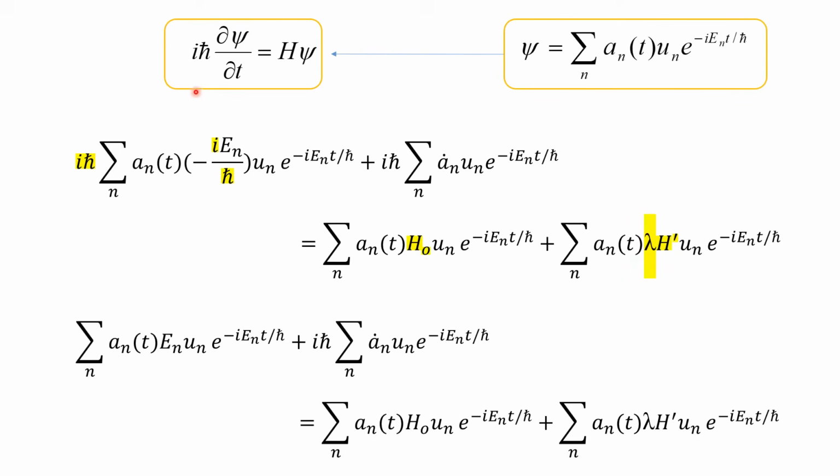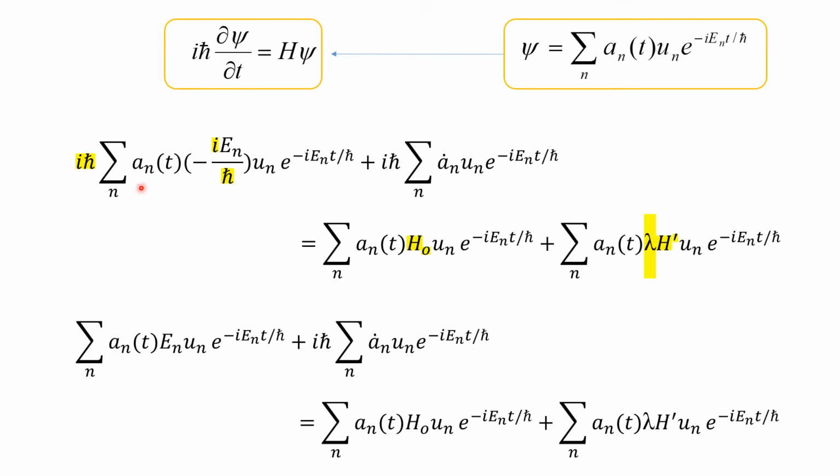So we are going to substitute the wave function ψ, which is equal to summation over n of an of t, un, e to the power minus i En t over ħ, in this general Schrodinger wave equation. Here you remember that this is a partial differentiation. So if you substitute the value for ψ here, you have to take the partial derivative.